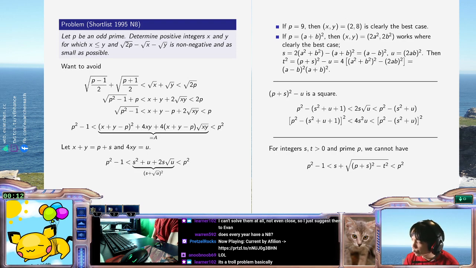So you're telling me if p is a prime, I can't have this equation. And then there's... oh shoot, I forgot the square.